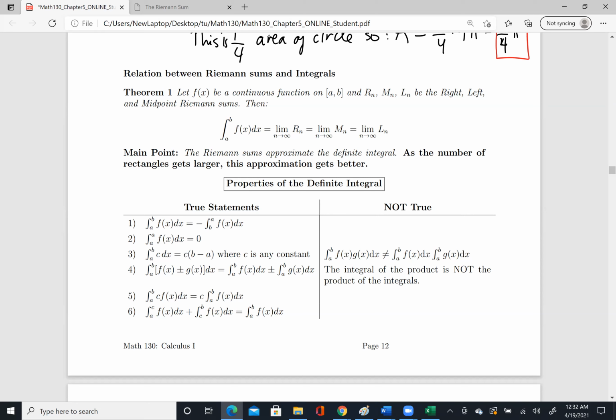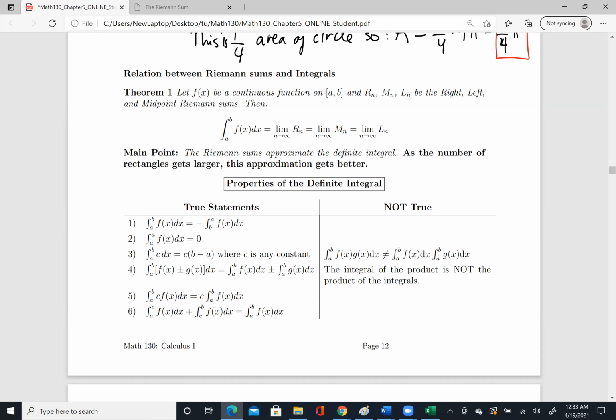Then the integral of f of x dx from a to b will be the limit of Rn as n goes to infinity, and also equal to the limit of Mn as n goes to infinity, and also the limit of Ln as n goes to infinity.